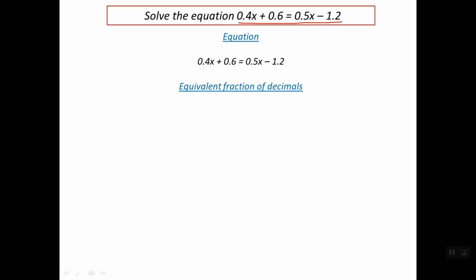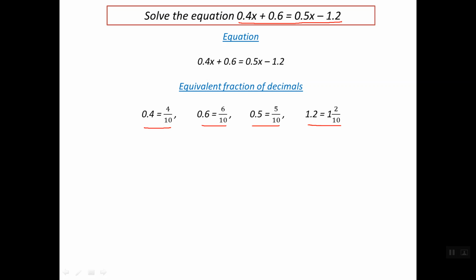First of all, we need to understand the equivalent fractions of these decimals. 0.4 is simply 4 divided by 10, and 0.6 is simply 6 divided by 10. 0.5 is 5 divided by 10, and 1.2 can be expressed as a mixed fraction, which is 1 and 2 divided by 10.